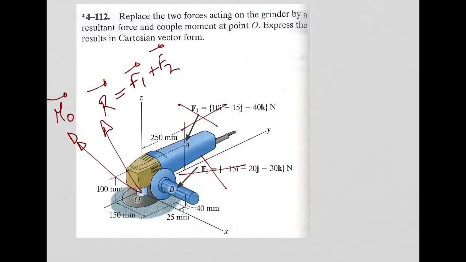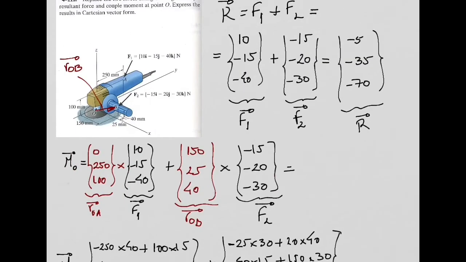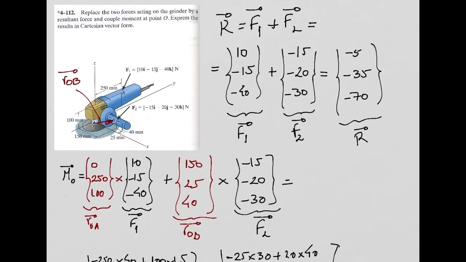And the value of this resultant force, you have it here. This resultant force is this vector. And the moment you have at point O is the result of these calculations that you can easily now finalize at home. Okay?